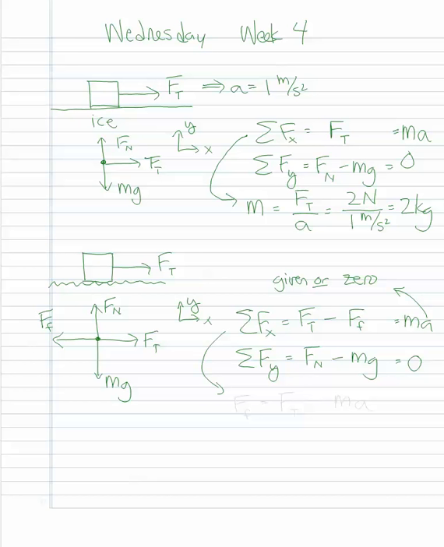So I'll write that down. The force of friction is equal to the force of tension minus ma. Okay, so we can make a table. So let's start a new page here.